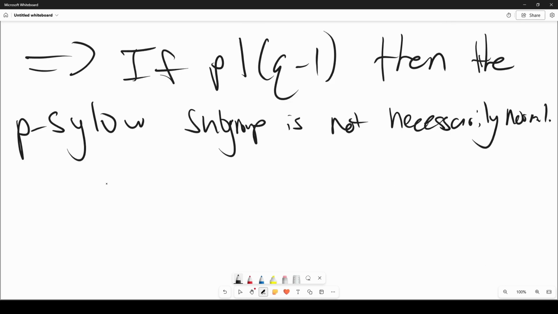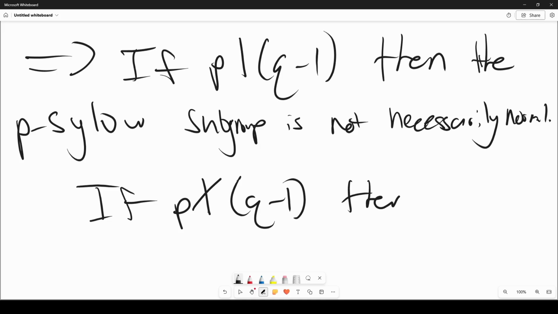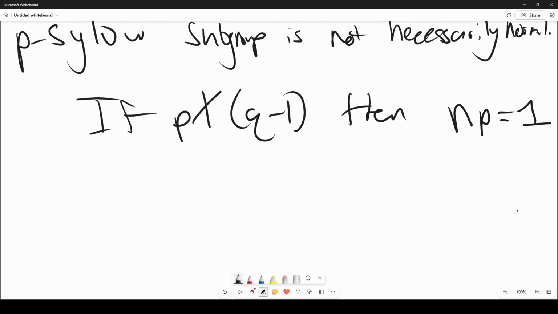This might not necessarily be normal because this basically tells us that Q is 1 mod P, since Q minus 1 is divisible by P. So Q minus 1 plus 1, which is Q, is 1 mod P. So it's a possibility, but it also tells us that if P doesn't divide Q minus 1, then N_P has to equal 1, because otherwise it would contradict the fact that N_P is 1 mod P. So the P Sylow subgroup is normal.